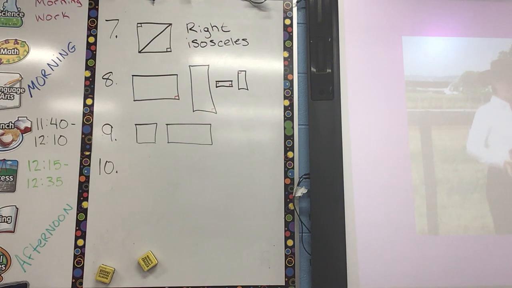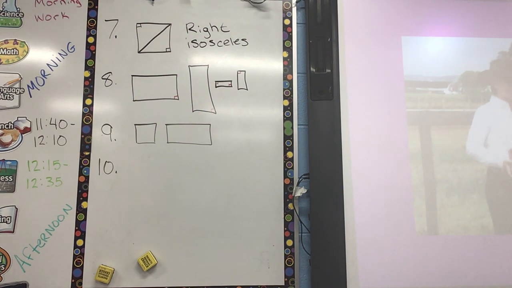Discuss it with somebody in your area now. I'm going to even tell you your options. Ready? Parallelogram, trapezoid, rectangle, square, triangle.